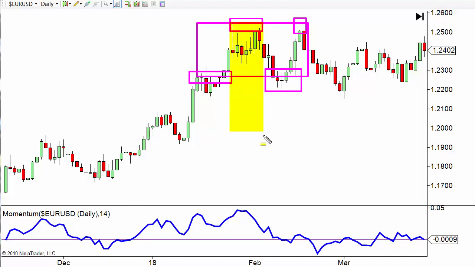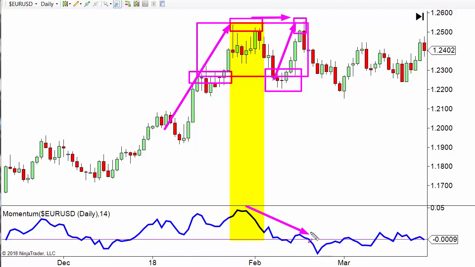We've been moving up, and we've got a higher high on price. Now here we have an equal high on price, but look at our momentum indicator: a lower high.